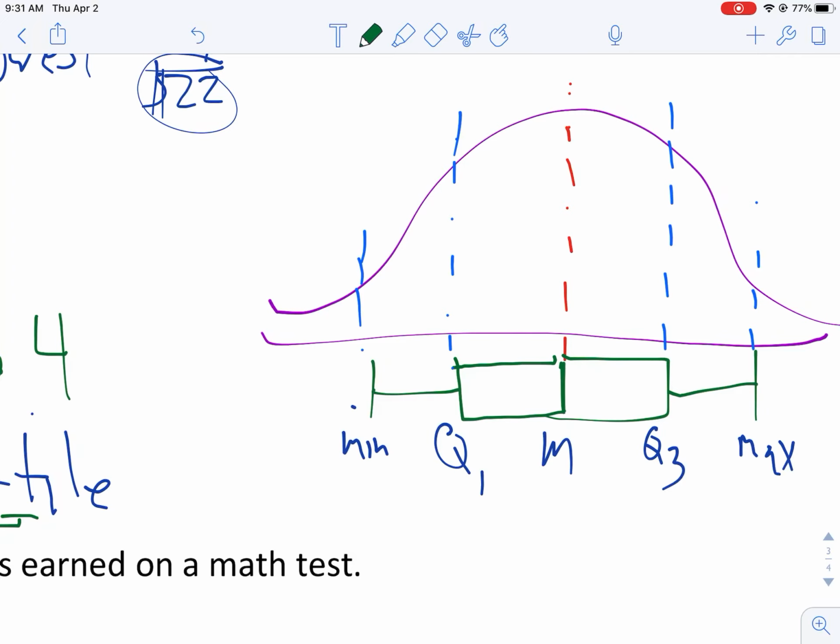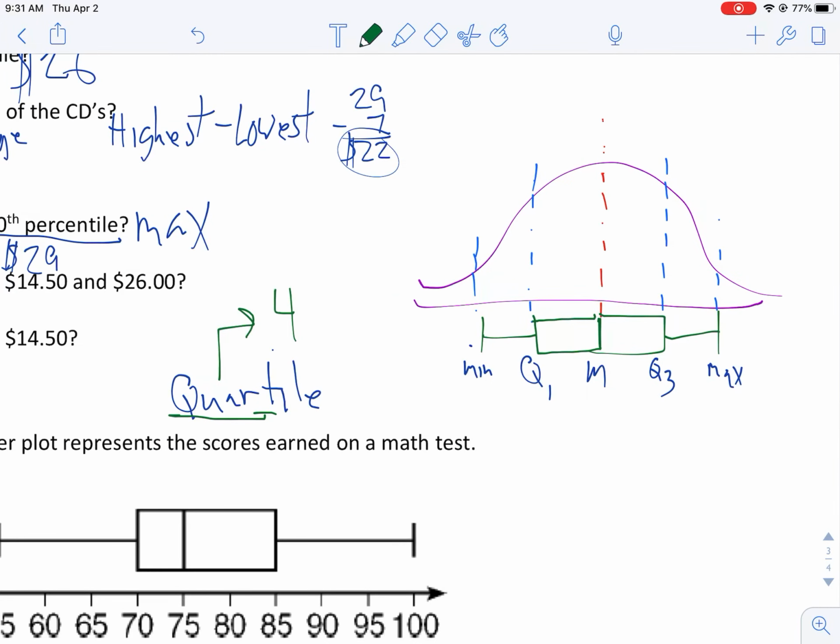But quarters means everything here is 1/4. So this is 1/4 of the data, this would be 1/4 of the data, this would be 1/4, and then this would be 1/4. Now, I'll talk about the tails out here in a second, after I talk about this.